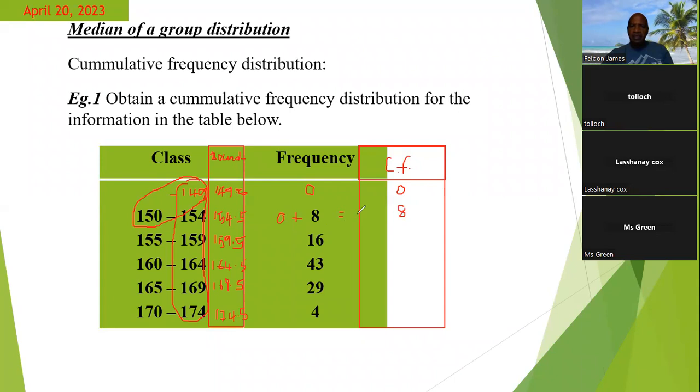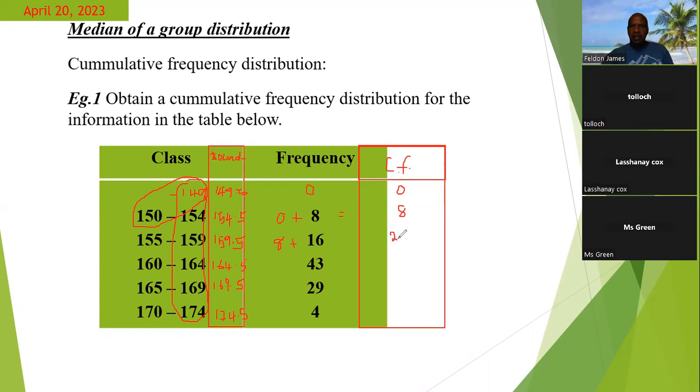So add this 8 now with the 16. So add the 8 plus the 16, you will get 24.